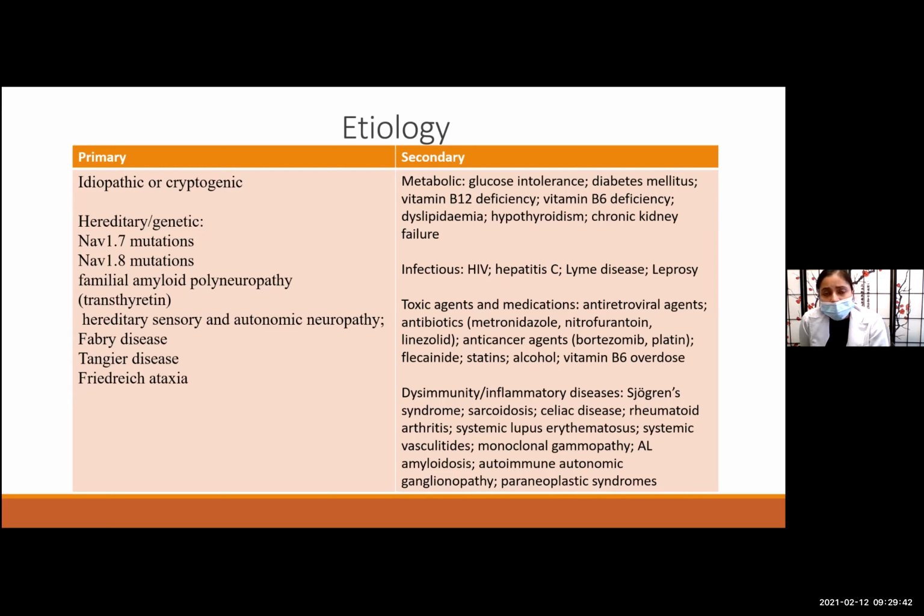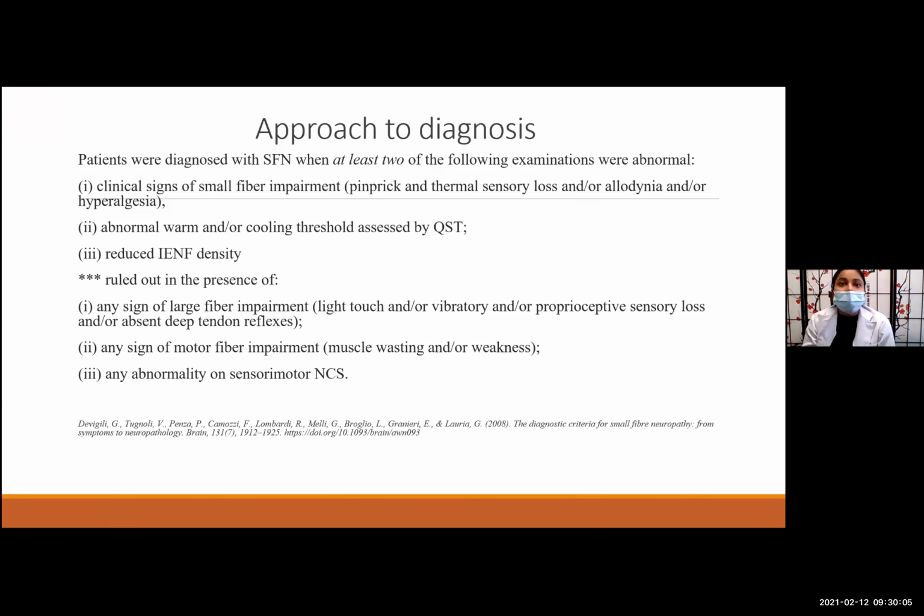The ones that are challenging are the idiopathic or cryptogenic, now sometimes known as apparently autoimmune, because there are no known causes found, or the hereditary causes like the sodium channel mutations, and amyloidosis, sarcoidosis, autoimmune conditions. So moving on, please feel free to ask me any questions as I move on.